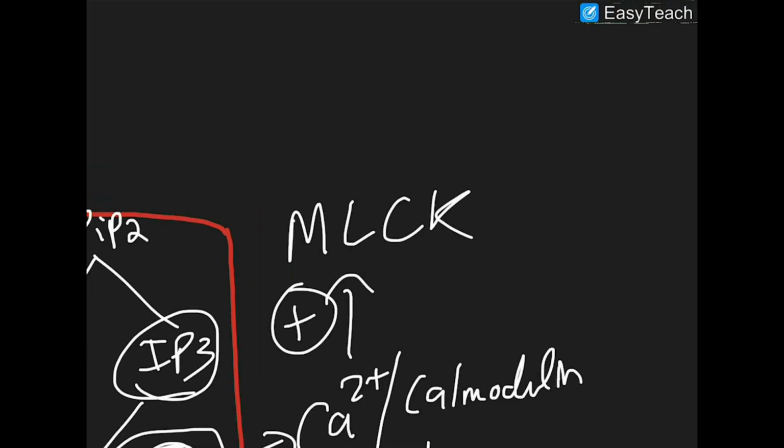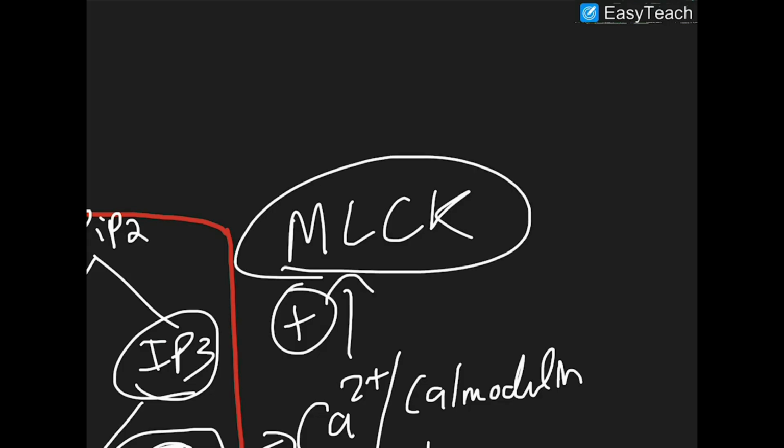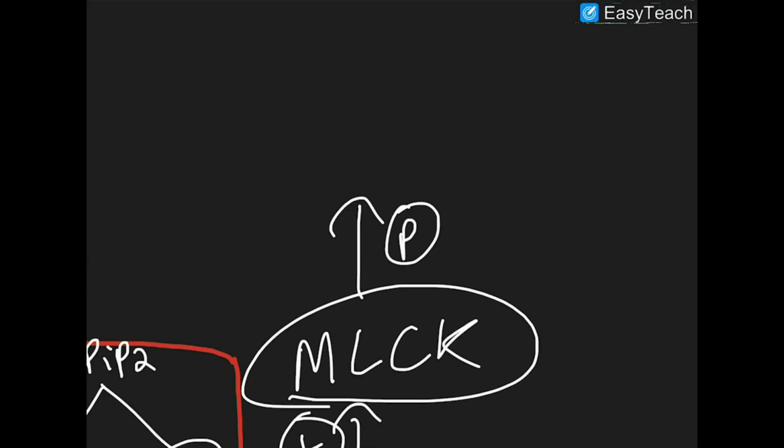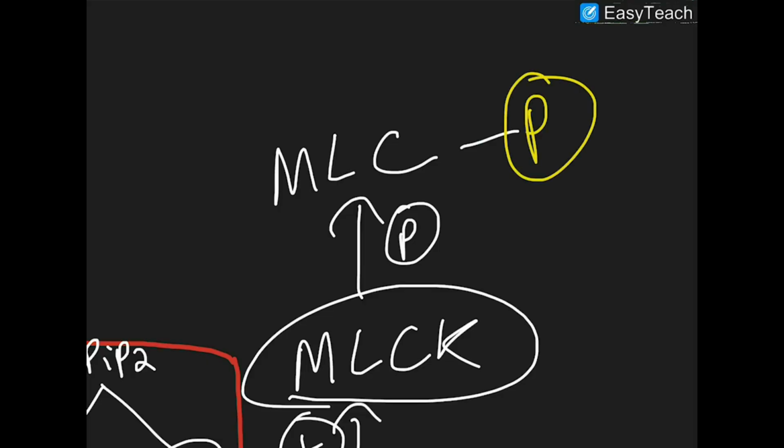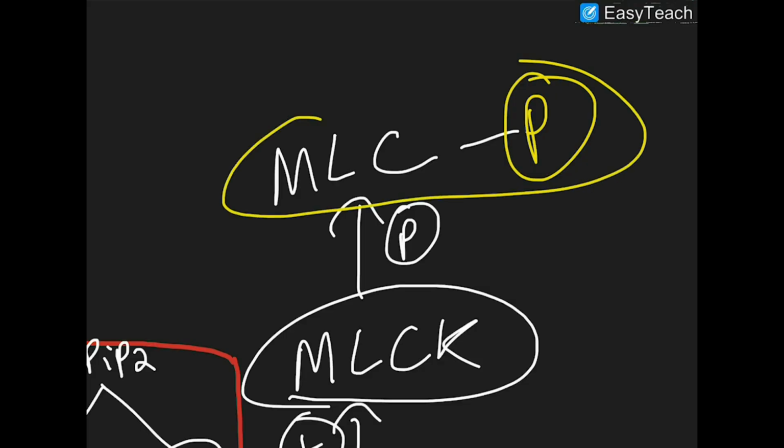Now, remember, we know that kinases are enzymes that phosphorylate certain things. So myosin light chain kinase is going to phosphorylate myosin light chain. So now we're going to have a myosin light chain that is phosphorylated. So we have a phosphate group right there. And now this myosin light chain that's now phosphorylated is activated.